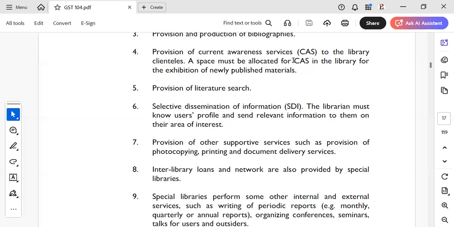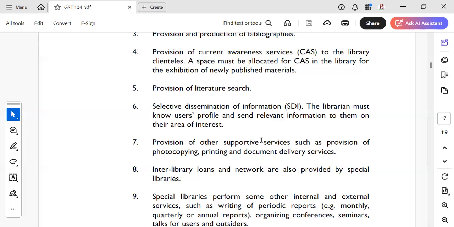The CAS is to tell you generally about new books in the library, while the SDI is to tell you new books that relate to what you are there for. For instance, if you have been going to the library for research on the reasons for stillbirth among underage mothers, under SDI, when there is any book that talks about childbirth, abortion, stillbirth, or anything like that, SDI will tell you that a new book has been released on child abortion.